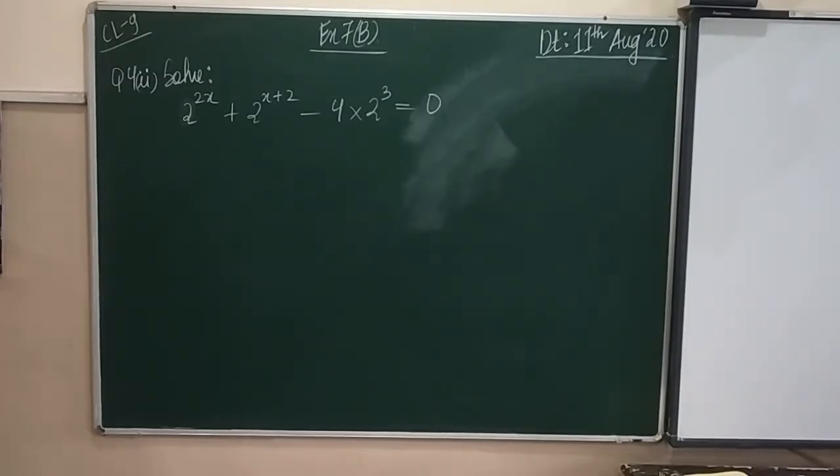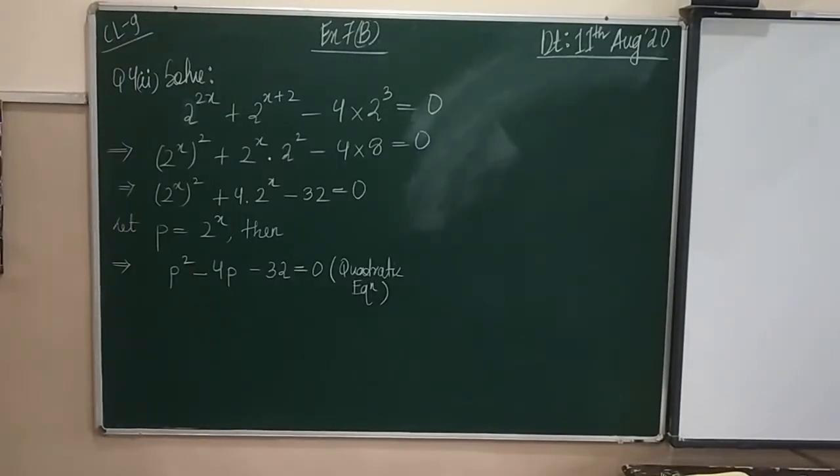Now I'm going to explain from here first what we'll do. Now we can see that 2 to the power 2x, I can write as 2 to the power x whole square, plus 2 to the power x plus 2, I will break it as 2 to the power x into 2 to the power 2, and that we can write as a number. Okay, so now I'm going to show the process.